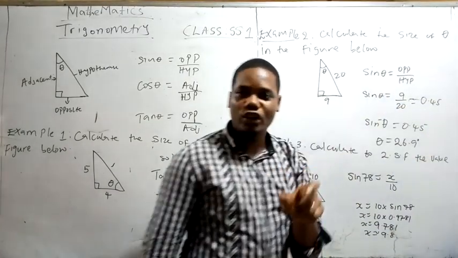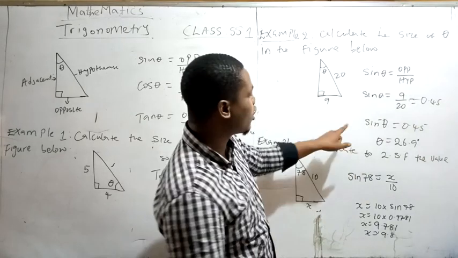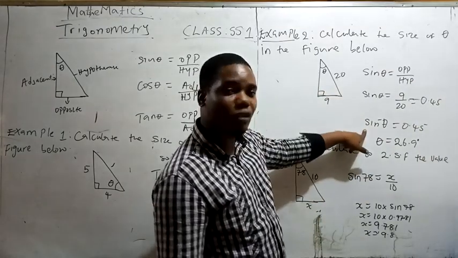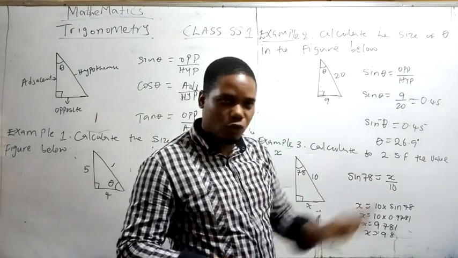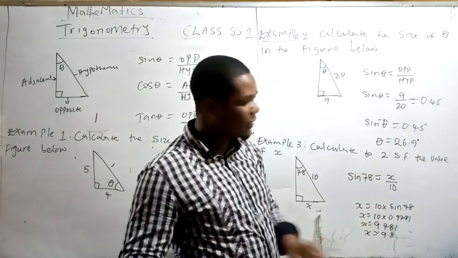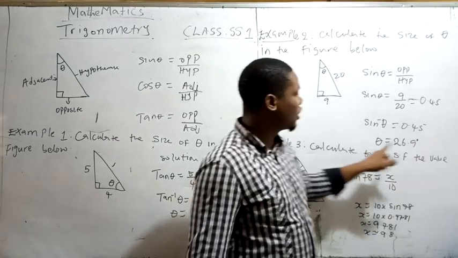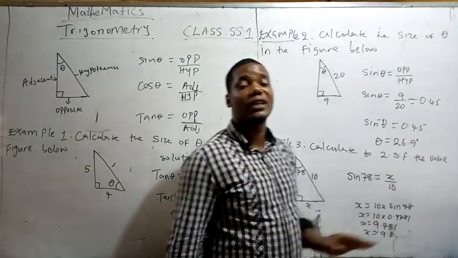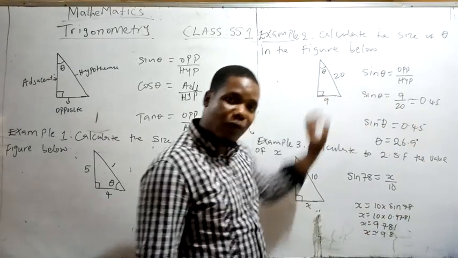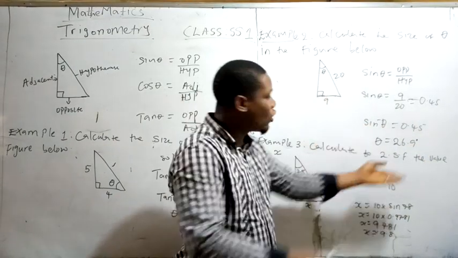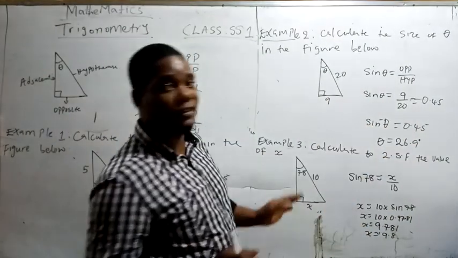If you are not within the reach of your log table or your 4-figure table, you press your calculator, shift, sine inverse, 0.45. It will take you to 26.9 degrees. We have now seen the size of this angle, theta.